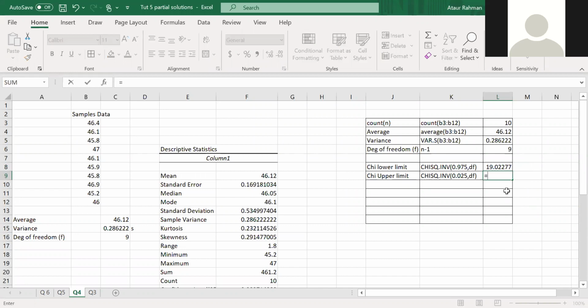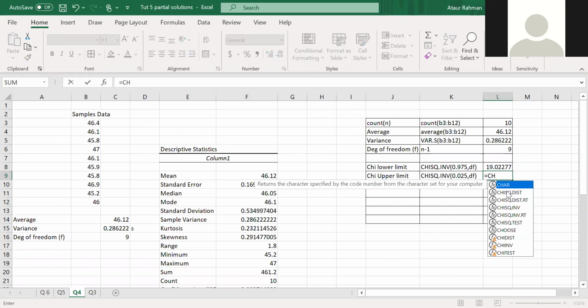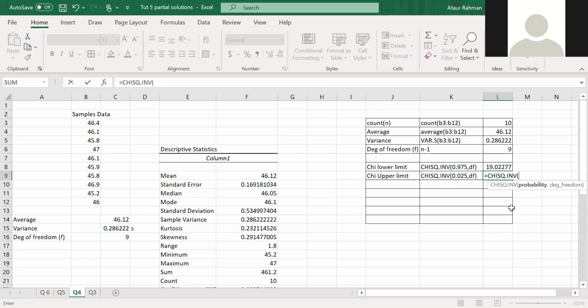And then for the other one, chi-square inverse, the probability is 0.025, and the degree of freedom.